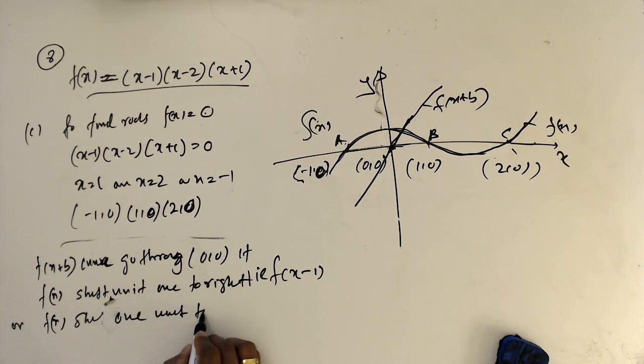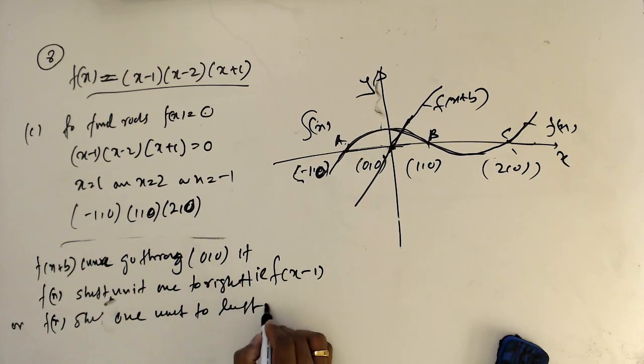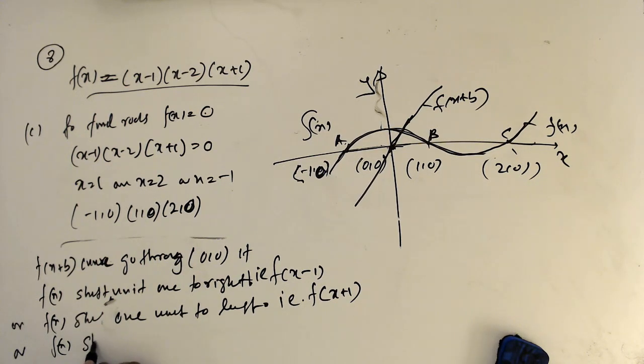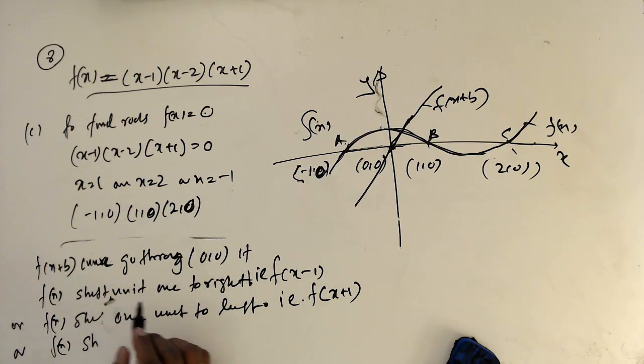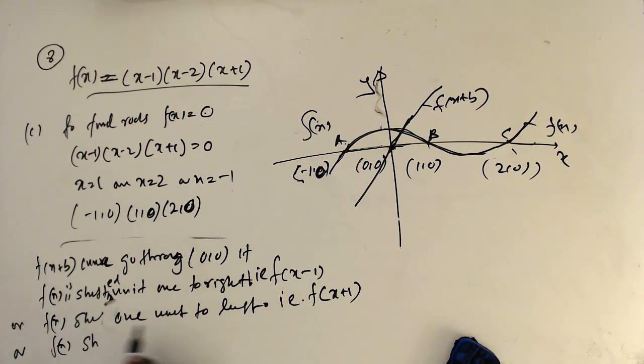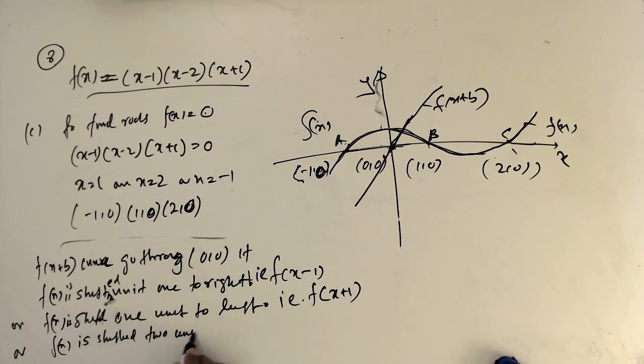One unit to the left, that is f(x + 1), or f(x) is shifted 2 units to the left, that is f(x + 2).